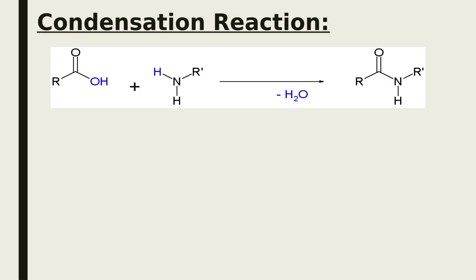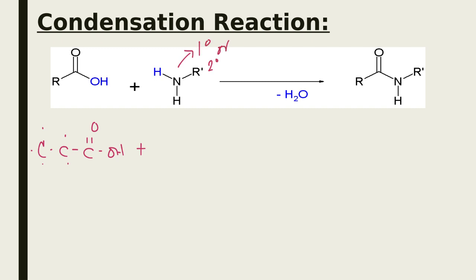Amides can be created through a condensation reaction. So let's go through an example of this, and we'll just pick, here is a 3-carbon carboxylic acid. Put our hydrogens in over there. If we're going to bond this or react it with an amine, it has to be either a primary or a secondary amine.